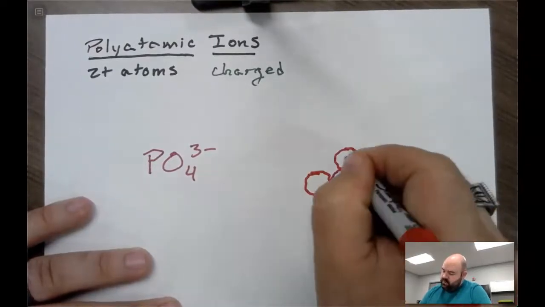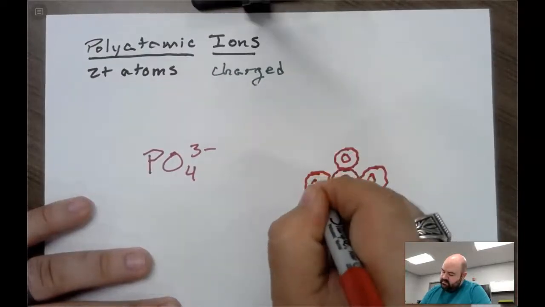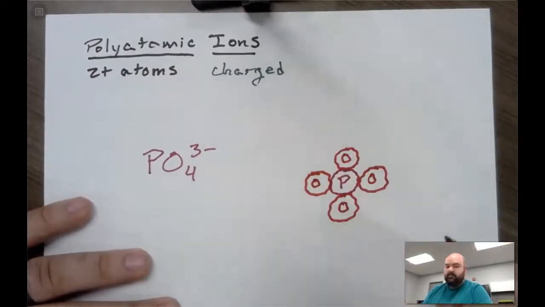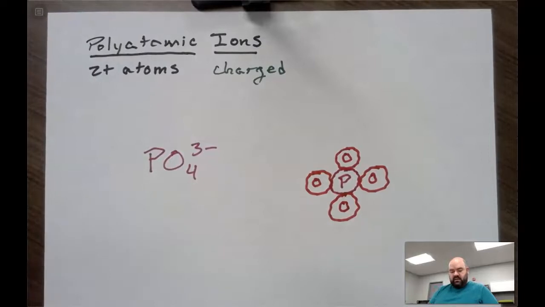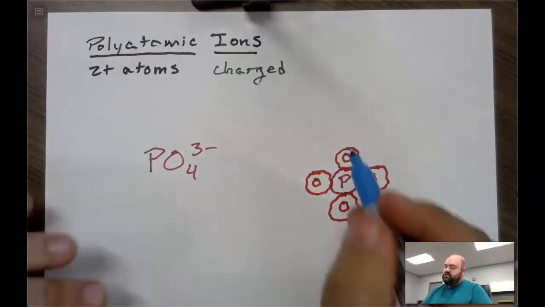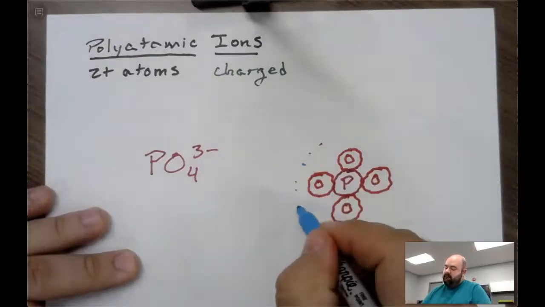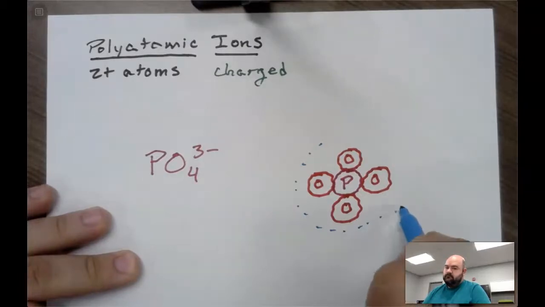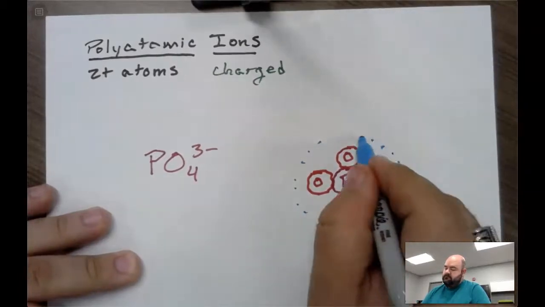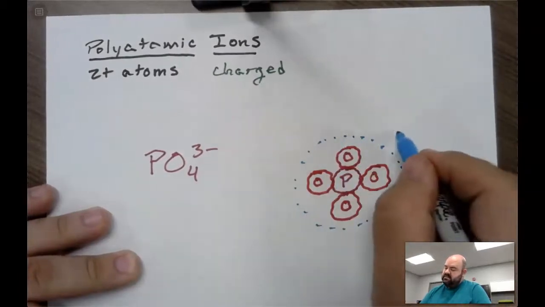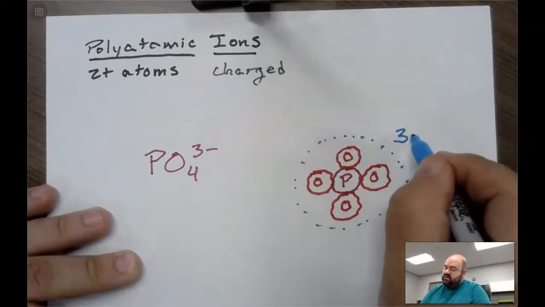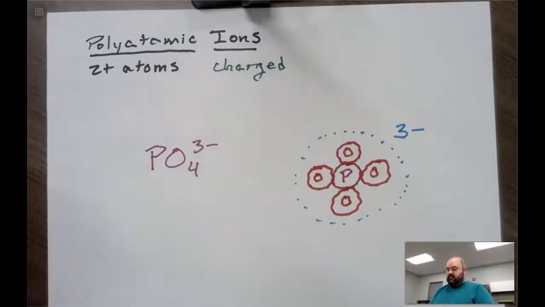So we have 4 oxygens. And the whole thing acts like it's one negatively charged thing that has a -3 charge. Okay?